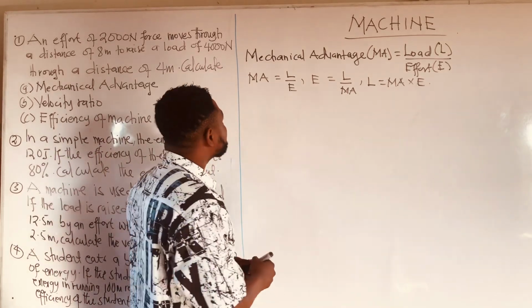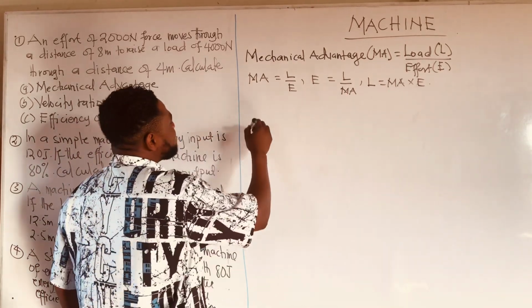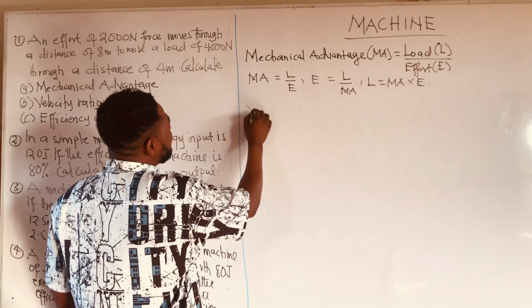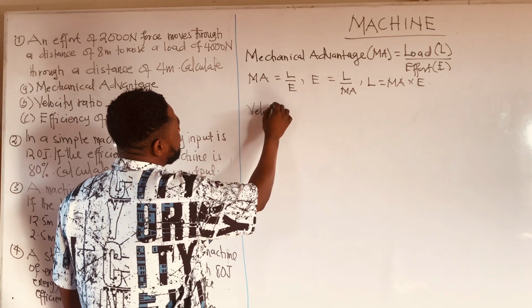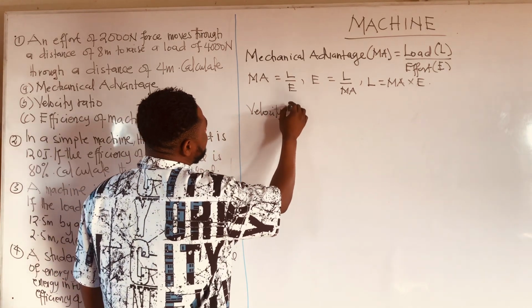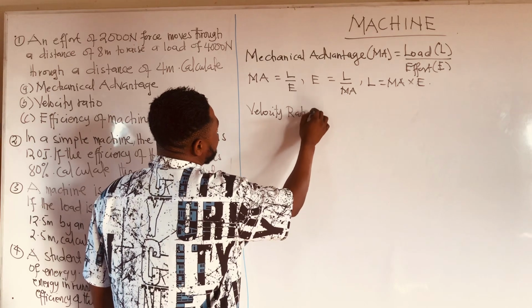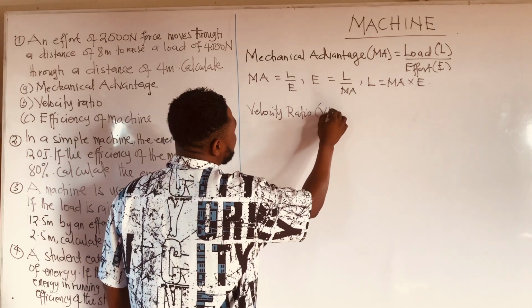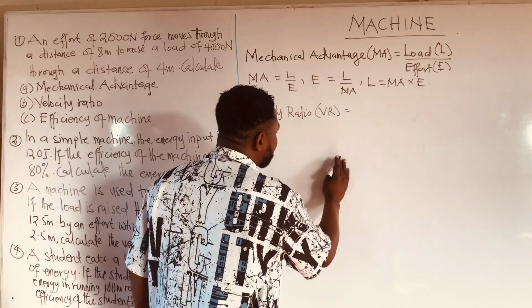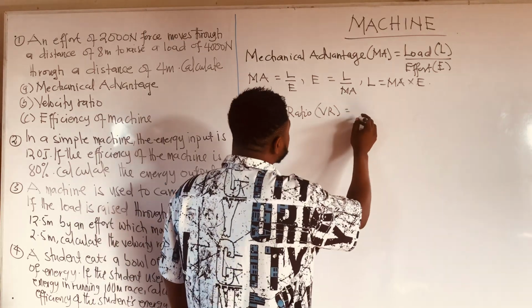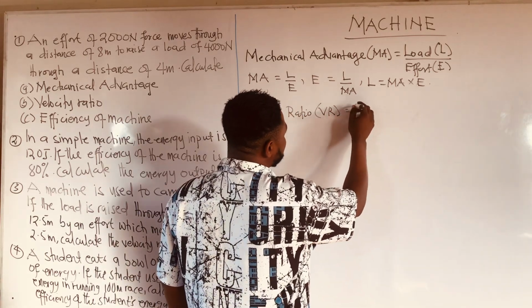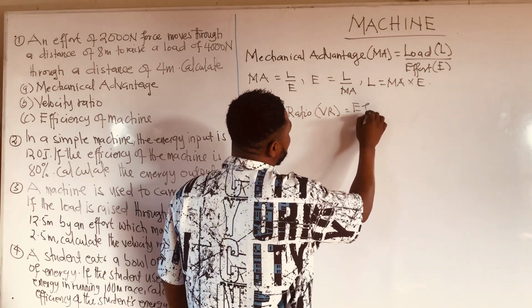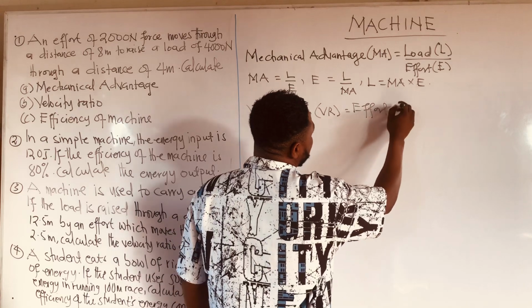All right, let us also look at another term called velocity ratio, VR, and is given as distance moved by effort, or we can say effort distance in short.